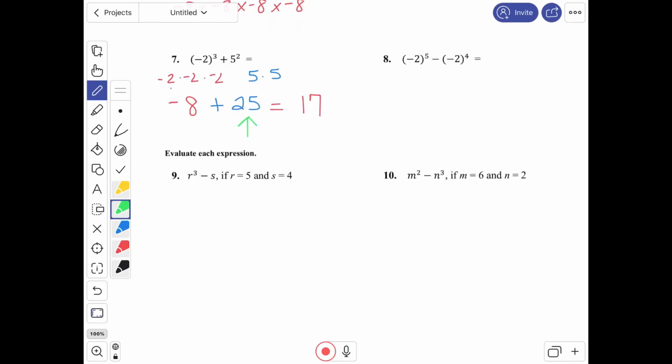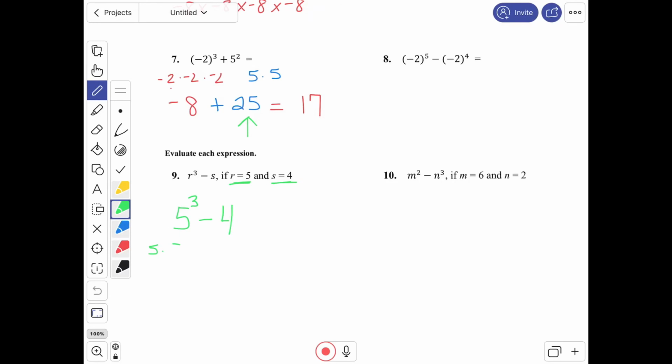Number 9, I want you to try some of your algebra skills. So we're plugging in these numbers for where the letters are. Like on number 9, r to the third power, r is supposed to be 5, so that would be 5 to the third power minus s, and s is supposed to be 4.